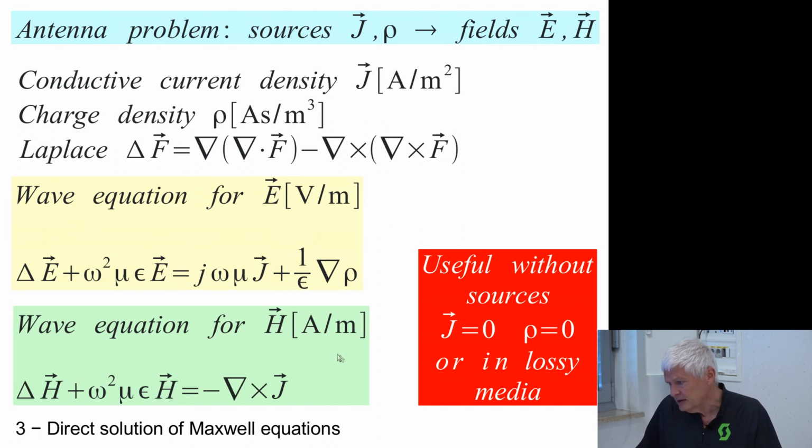There we don't have sources because we have several differential operations here. We have the nabla operator on the right side, and that's really difficult to calculate, nabla, which is a differential operator, over a source that has jumps. For instance, in place of distributed charge, we may have point charges.